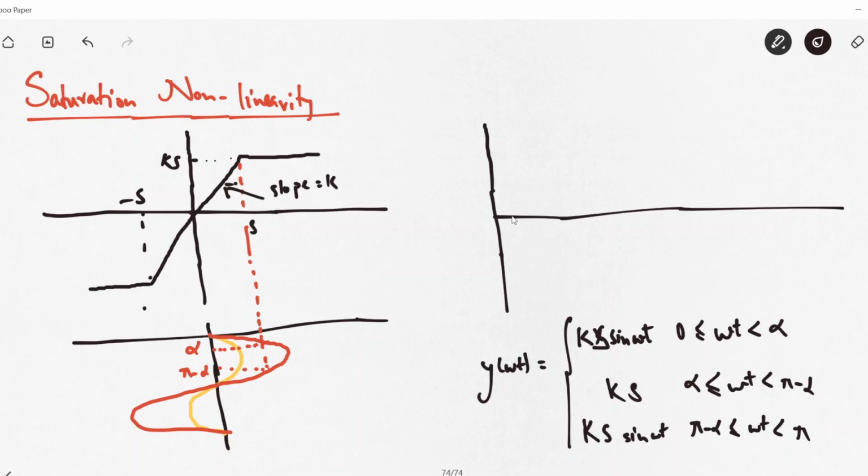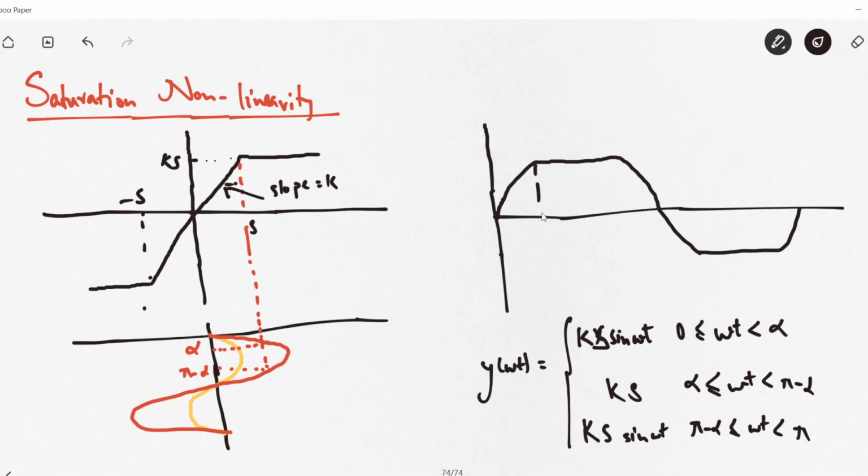So if we draw this plot from 0 to alpha, there will be a simple sinusoidal curve. From alpha to pi minus alpha, it will be saturated, just like what happens in case of a relay. And then from pi minus alpha to pi, again it will be a sinusoidal curve. So this will continue into the negative half as well.